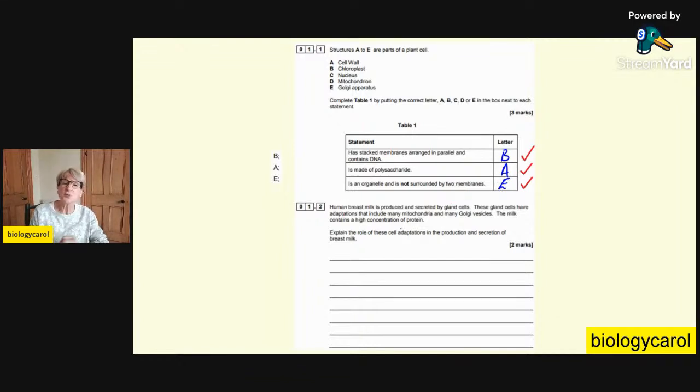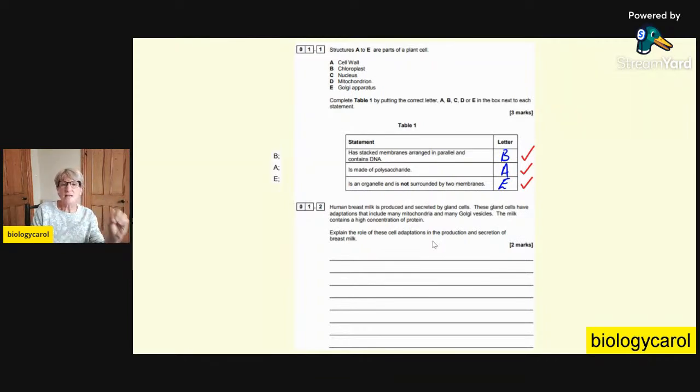Human breast milk is produced and secreted by gland cells. Any gland is just an organ that secretes something. So the pancreas, for example, is a gland that secretes insulin. These gland cells have adaptations that include many mitochondria and many Golgi. The milk contains a high concentration of protein.